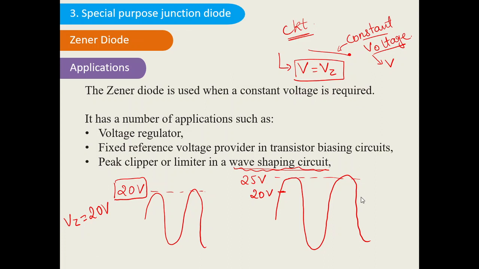Clip means it is not going to increase further, and it will maintain that voltage. So what will our output waveform look like? The output waveform will look like this. Not only in the positive direction, it will be the same in the negative direction. So this is what the peak clipper output will look like. The black one is the output of the clipper, or we can say limiter, in the wave shaping circuit.